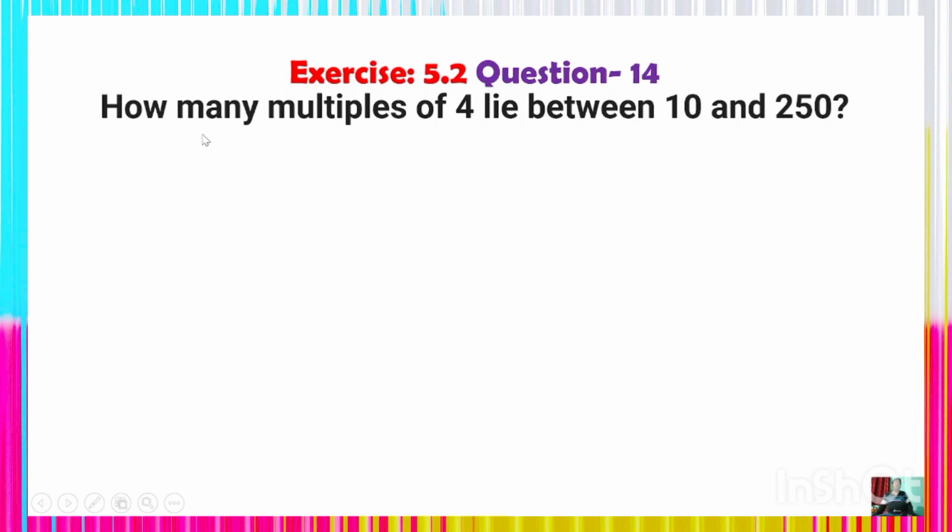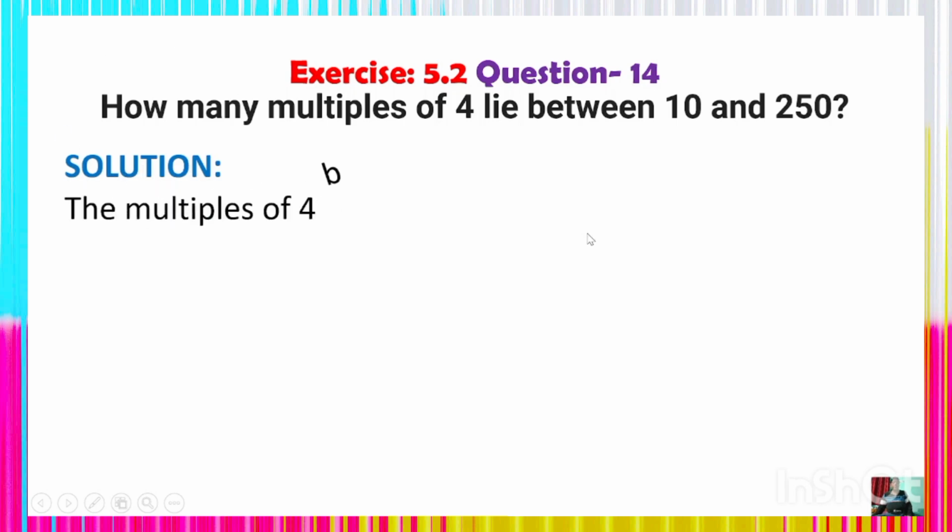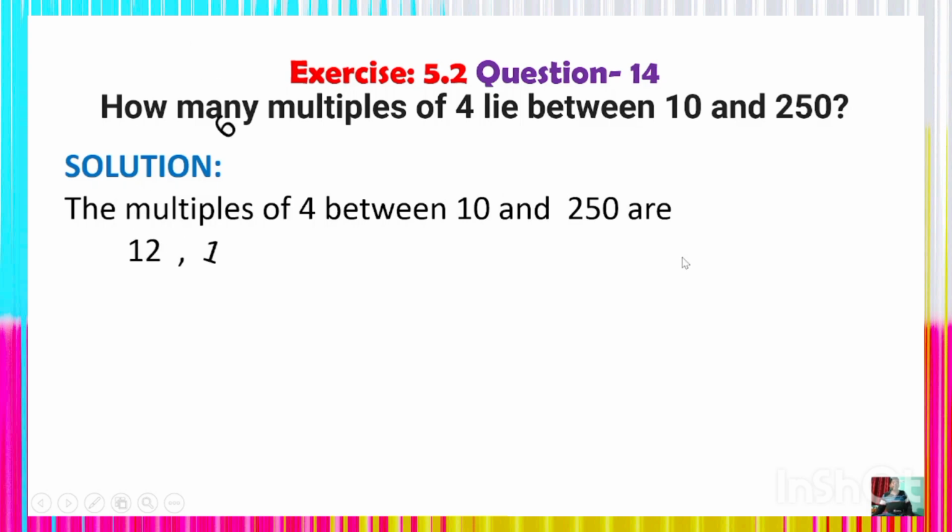Yes, understand, look carefully, how many multiples of 4 lie between 10 and 250? Look at the solution here. The multiples of 4 between 10 and 250 are 12, 16, 20, 24 up to 248. Here the first multiple is 12 and the last multiple is 248, which is divisible by 4, a multiple of 4.